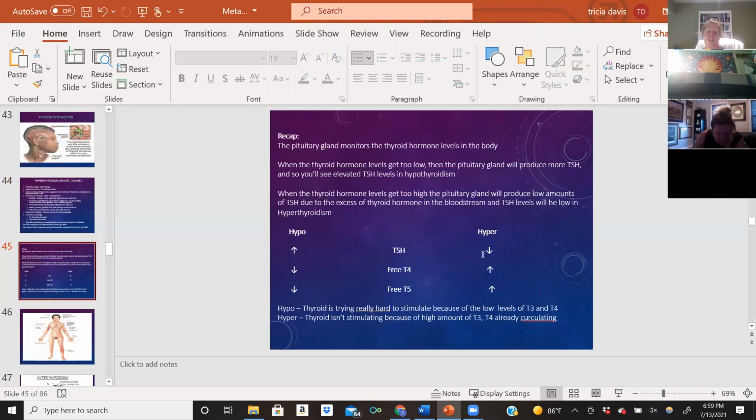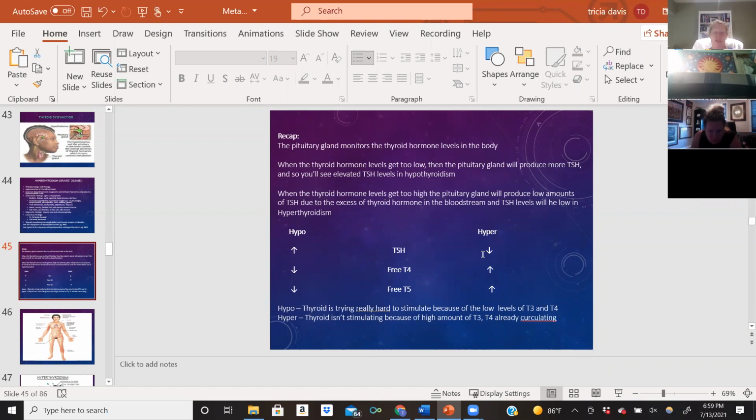All right, so just to recap, our pituitary gland is going to monitor the thyroid hormone level in our body. When the thyroid hormone levels get too low, the pituitary gland is going to produce more TSH. So you will see an elevated TSH level in hypothyroidism. So that should make a little bit more sense to you.